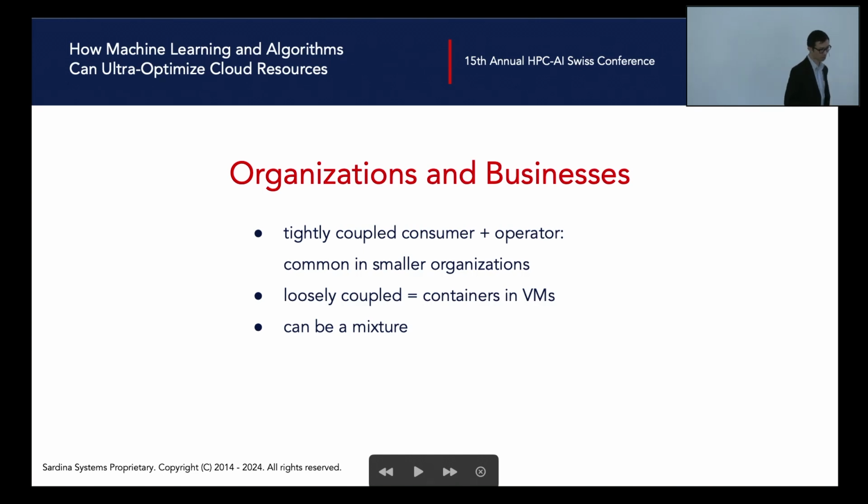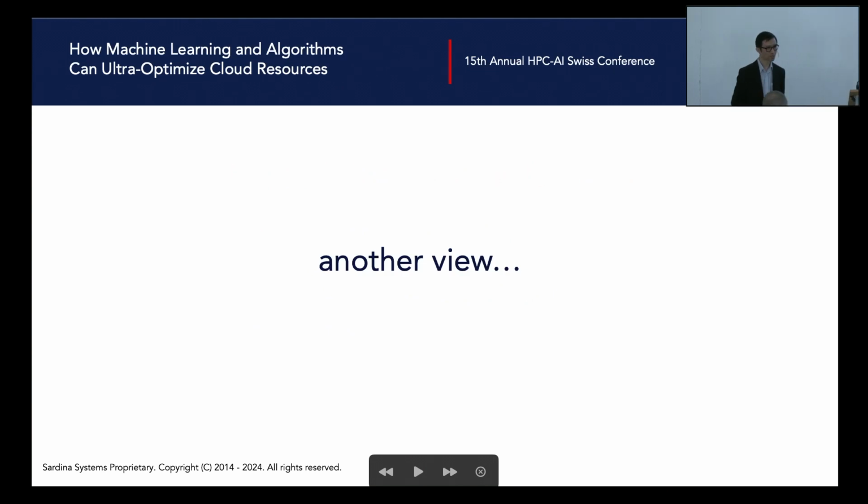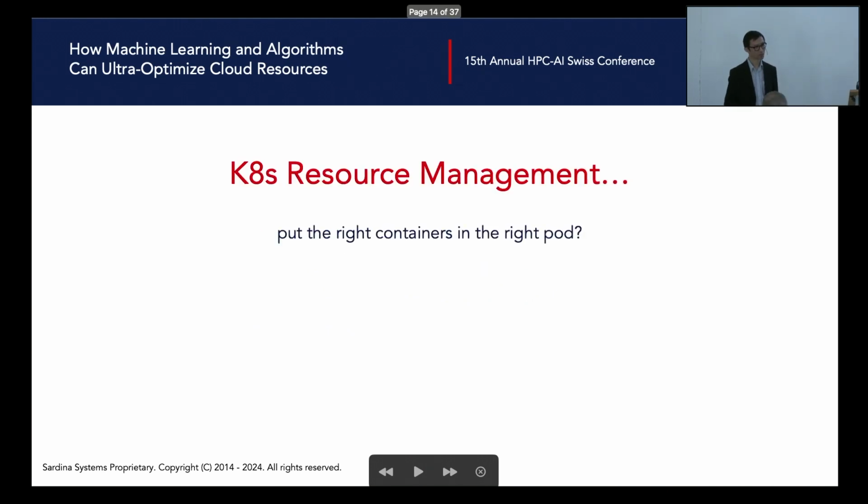The converse is that in a closely coupled environment, you could put them together. This takes us to another view: Kubernetes resource management, for example, basically boils down to a VM resource management problem, right?